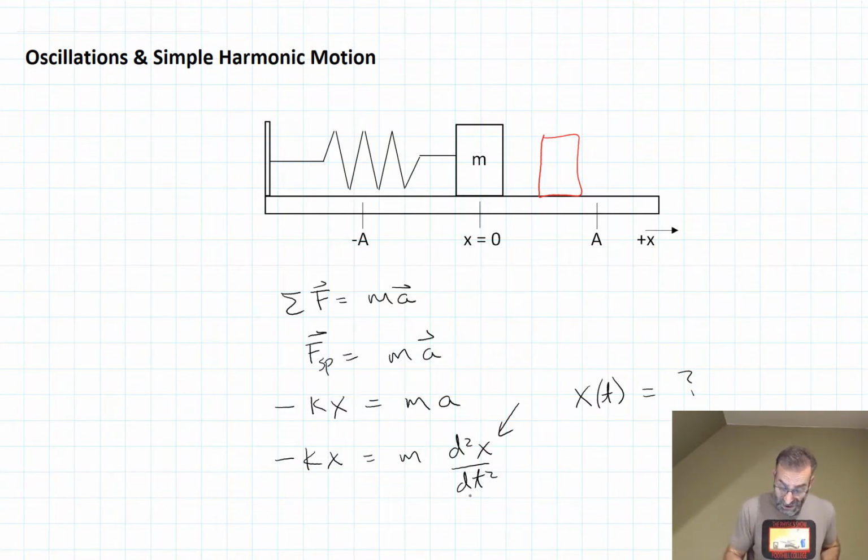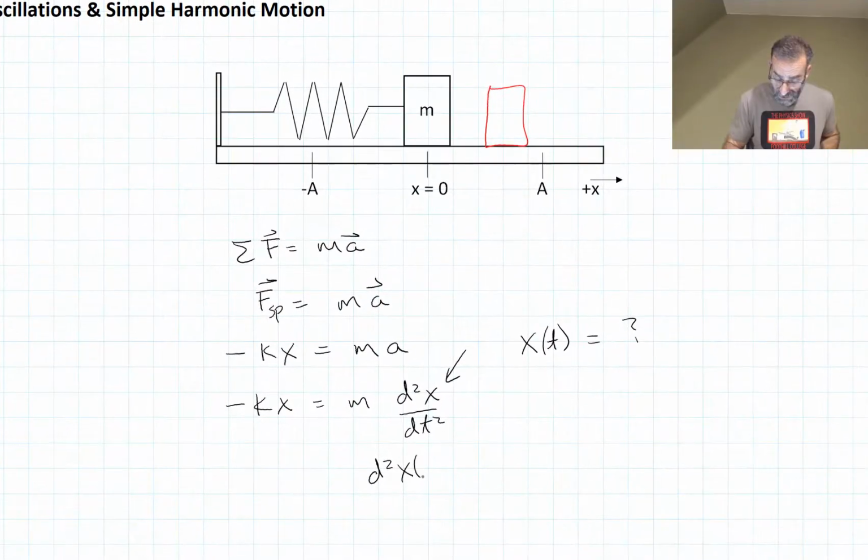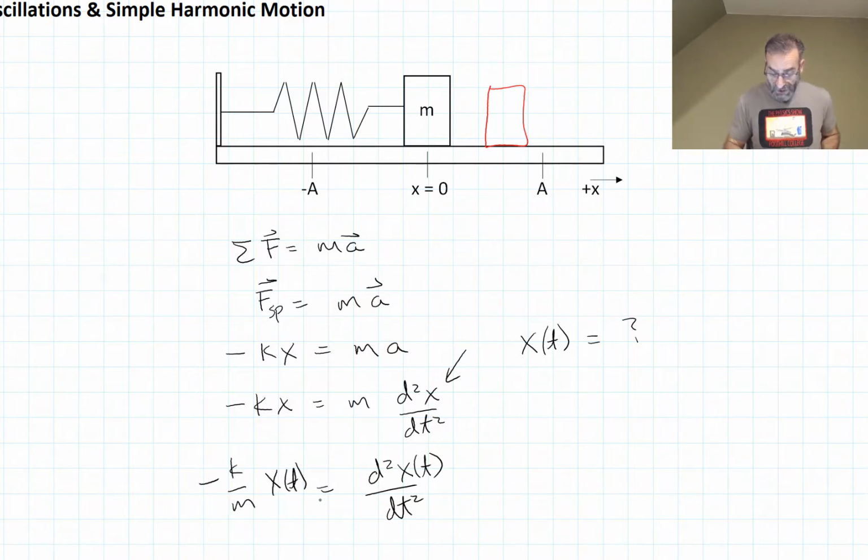My equation is telling me that I'm going to take two derivatives of my function with respect to time, and I'm going to get negative a constant times my function back. What function do you know of where you can take two derivatives and you get negative a constant times the same function?